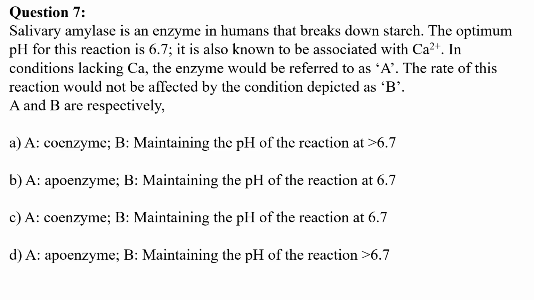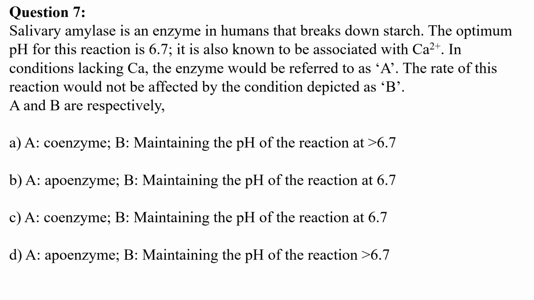Okay, and the condition should be maintaining the pH of the reaction at 6.7. So that is pretty straightforward. If your optimum pH for an enzymatic reaction is given, that has to be the pH for the reaction. So if you are carrying out some enzymatic reaction, you have to maintain the pH of your reaction system according to the optimum pH of the enzyme.